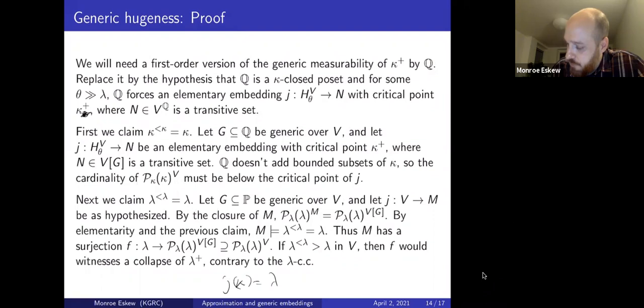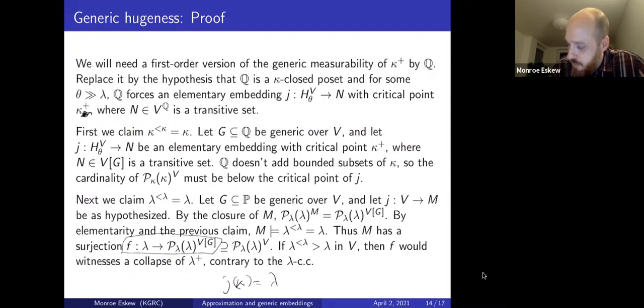If it weren't true in V that lambda to the lambda equals lambda, then we would collapse lambda plus. So the argument is, M has some surjection onto P lambda lambda of the full extension, which contains P lambda lambda of the ground model.